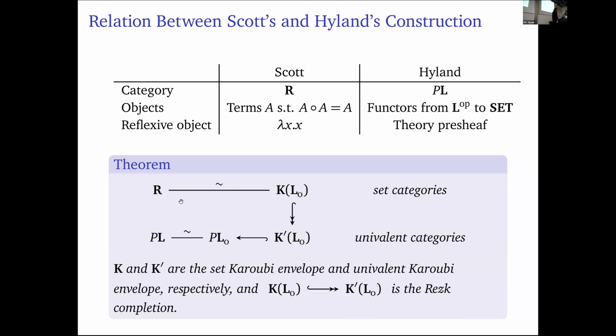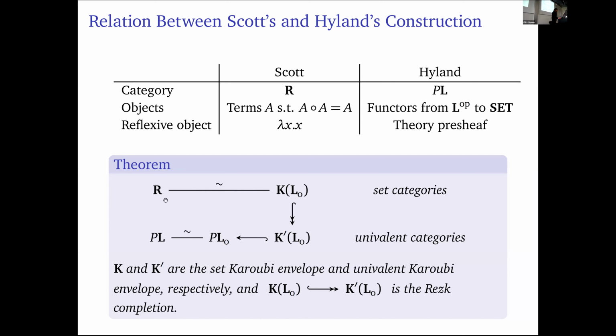First of all, the category produced by Scott can be shown to be a set category, which also confirms this intuition that it's something very syntactic. Whereas the category considered by Hyland is this PL here. This category is a univalent category, which confirms the intuition that it is something semantic or category theoretic. And then these two categories are related by the Rezk completion.